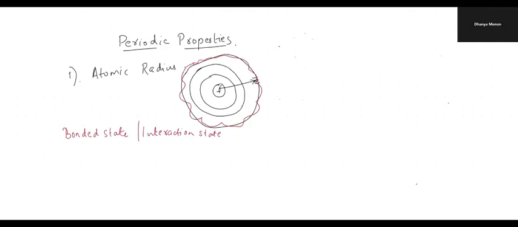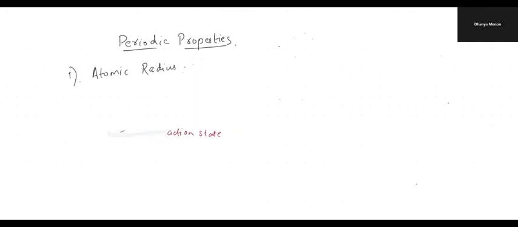In the bonded state or the interaction state, what are the types of atomic radius that we have to study? First one is covalent radius.